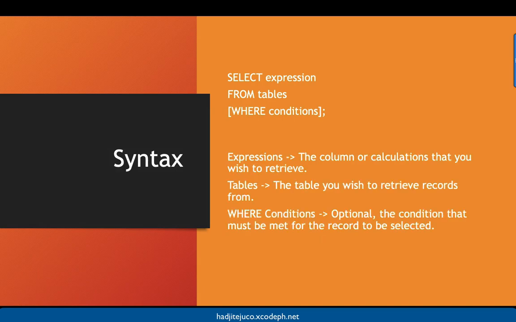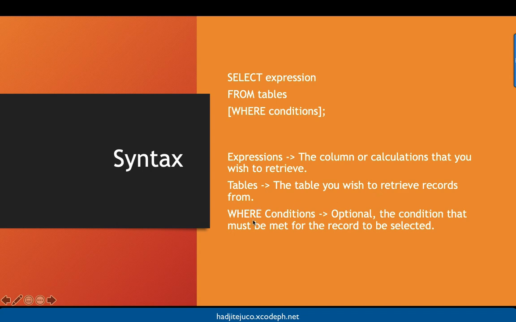So you have the following items. First thing, you start with select, followed by an expression, from tables, where tables will be the table name, where condition. Expressions are the columns or calculations that you wish to retrieve. Tables is the table from which the data will be retrieved.